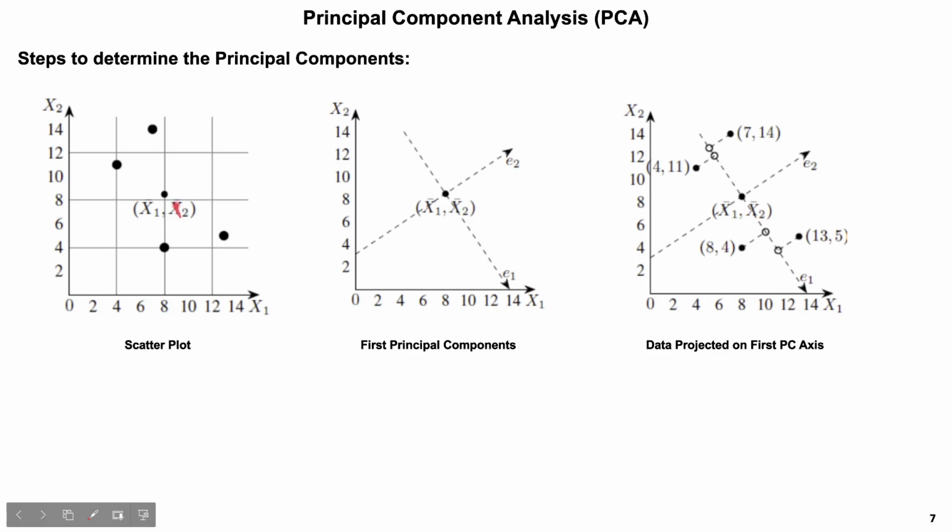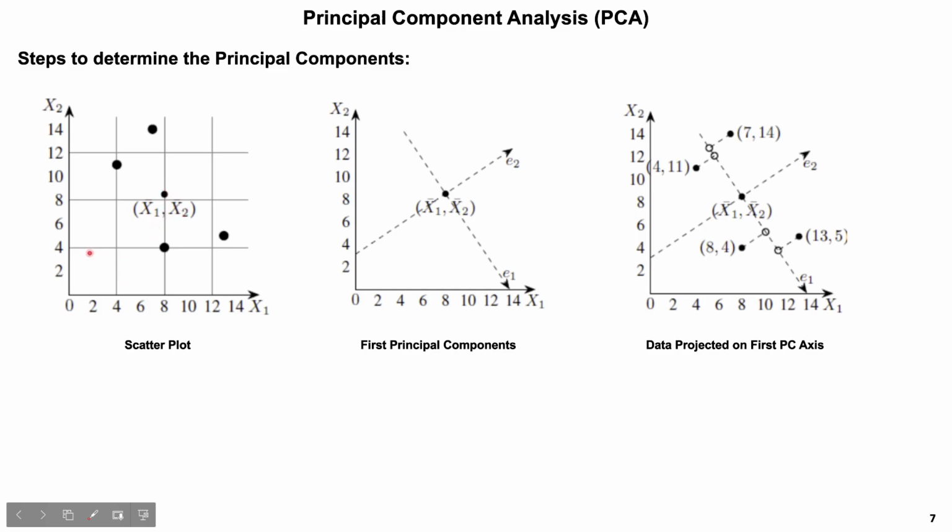So this is how the data looks when we first plotted. Just a scatter plot of the feature x1 and x2, and these are the 4 points. And the center point is the mean of the first data set and the mean of the second data set.